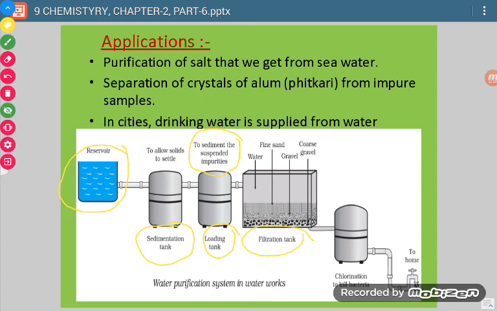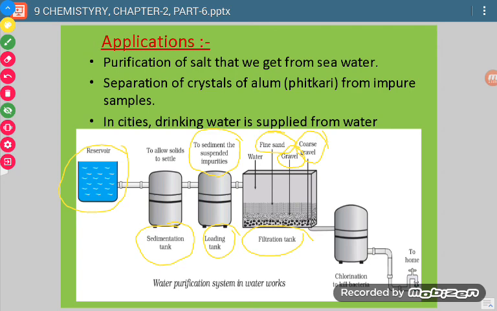In the filtration tank, three things are used. First, coarse gravel, which means bigger-sized small stones. Then very small stones, gravels. Then fine sand. Sand is a very good purifier; it allows many suspended impurities to get stuck in it.